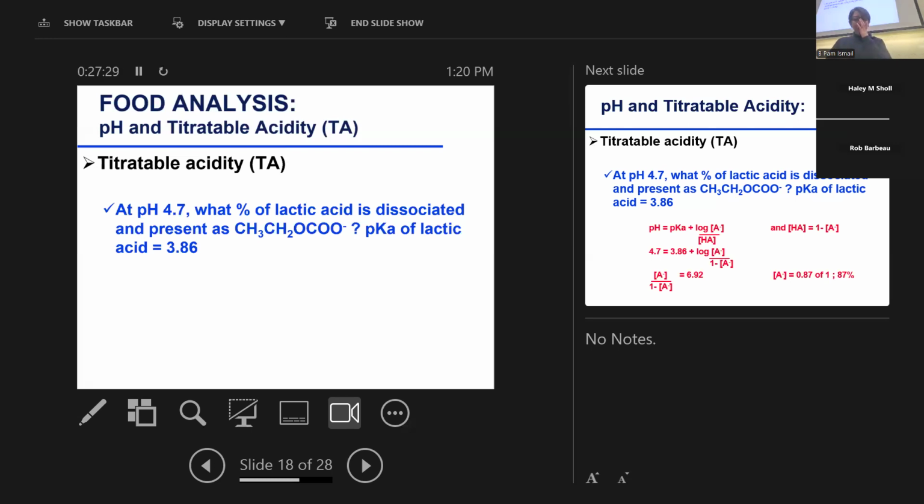So, with that said, please apply the Henderson-Hasselbalch equation to determine the percent of lactic acid dissociated. So that means the conjugate base of it, using the Henderson-Hasselbalch equation.